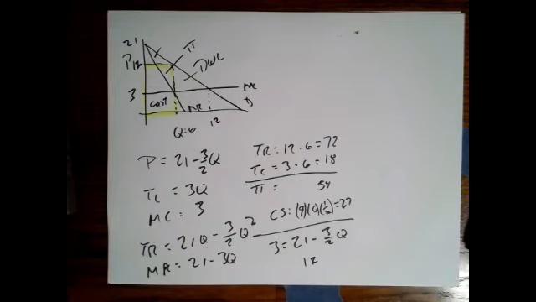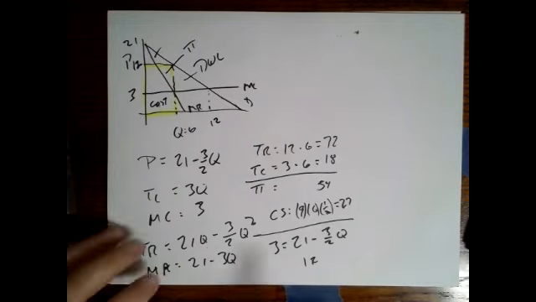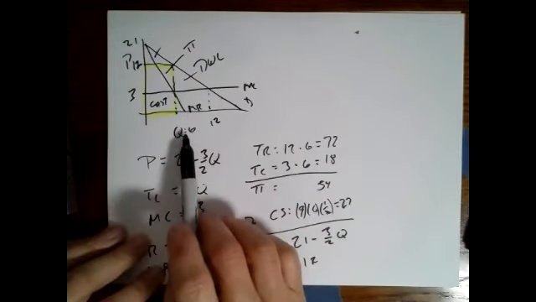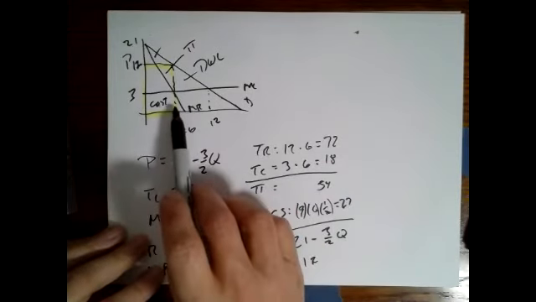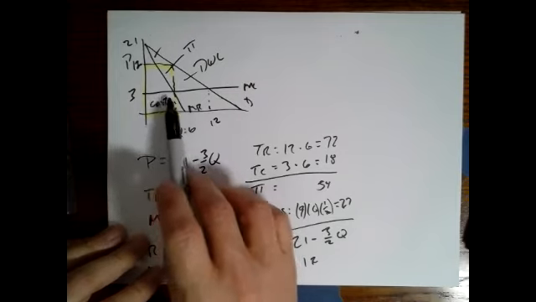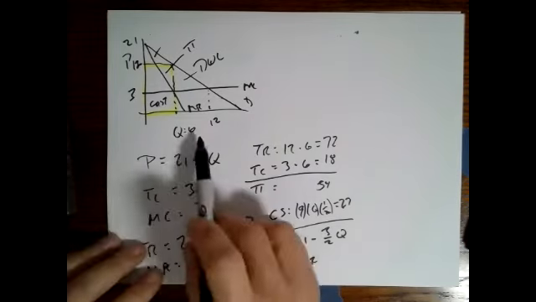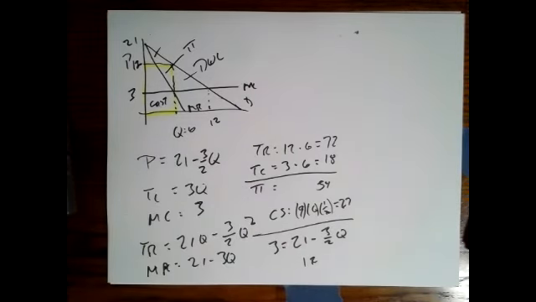As a result of this being a monopolist with market power, they reduce quantity from 12 to 6, right? And they raise price from 3 up to 12. The result is that half of what could be produced in the market is held back.